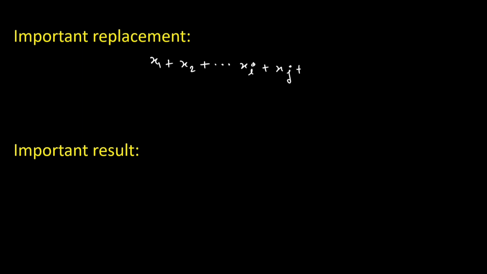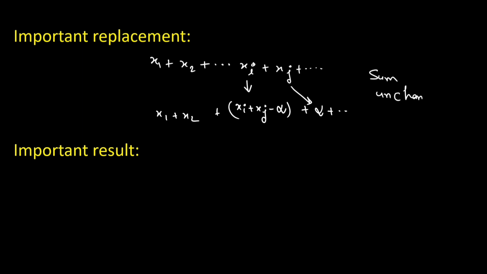Now if we replace xi by xi plus xj minus alpha, and in place of xj we write alpha, what do we get? We get this. Here this alpha will get cancelled by the other alpha, and ultimately we will have xi plus xj as the sum. Means the sum remains unchanged. This will be useful for us.